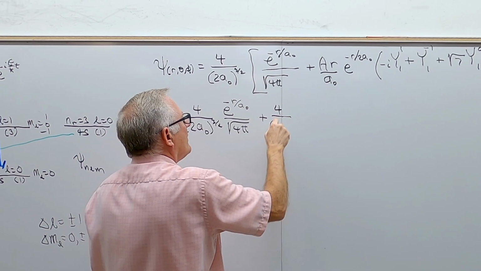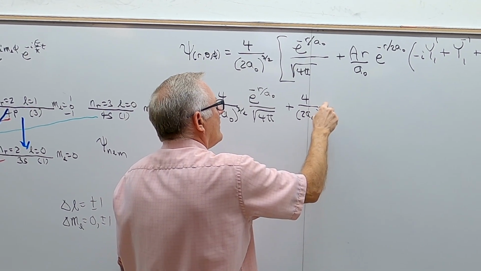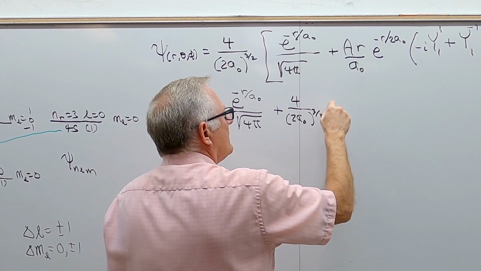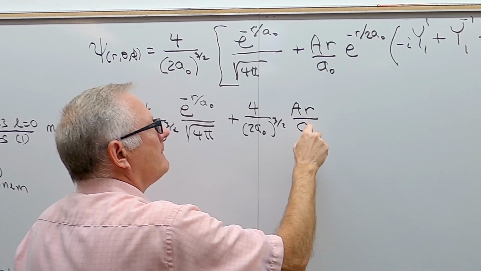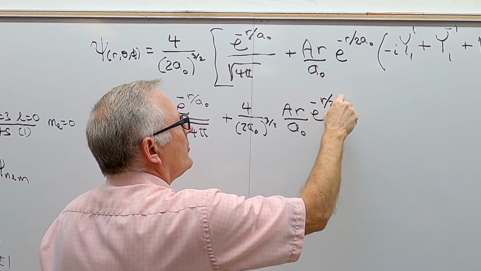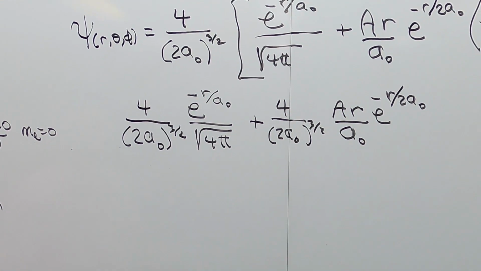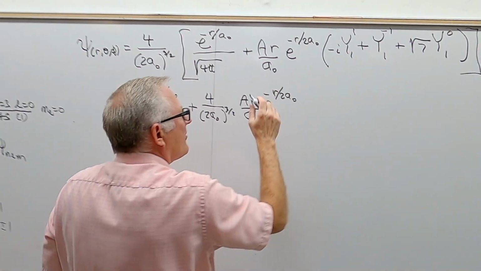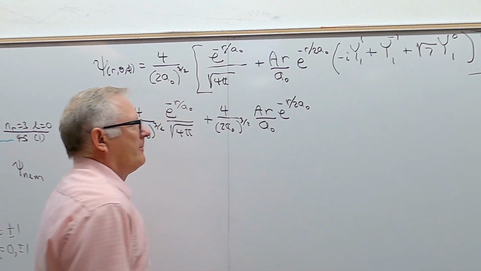4 over 2a naught to the 3 halves, a r all over a naught, e to the minus r over 2a naught. So that was these two multiplied together, but I'm going to get 3 of these, one with this term, one with that term, one with the last term.